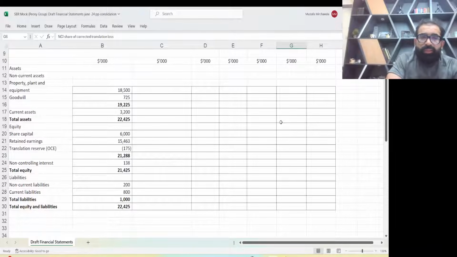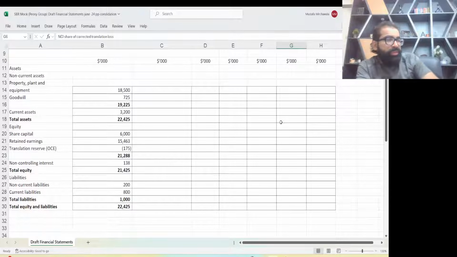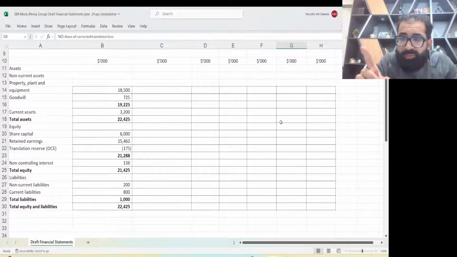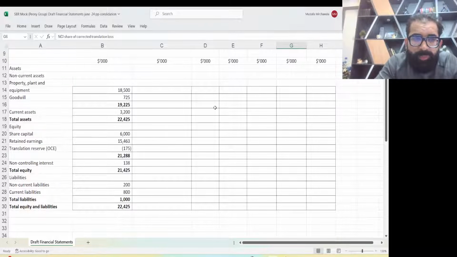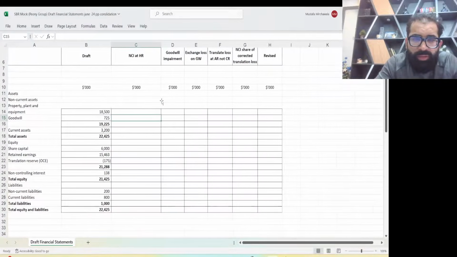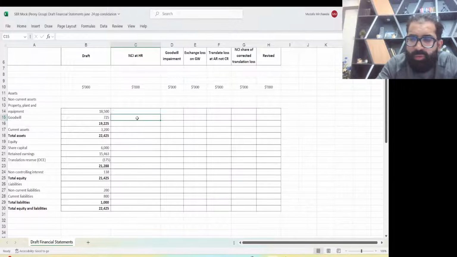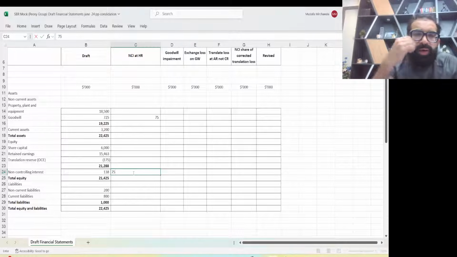Now see this. The first entry I have to make is goodwill debit and NCI credit. Goodwill debit means increase goodwill. Increase goodwill by 75 and increase NCI by 75.